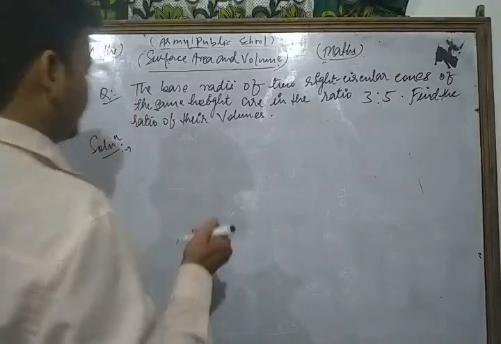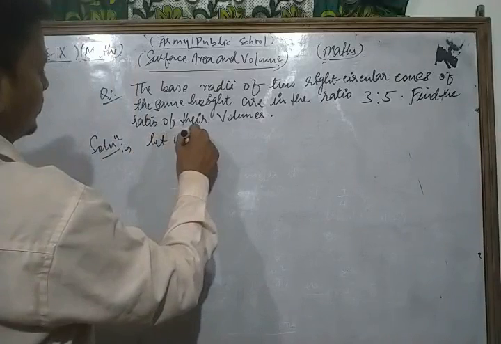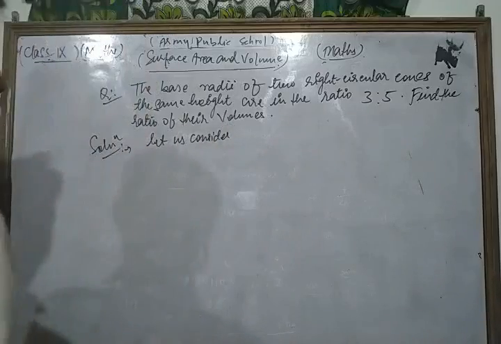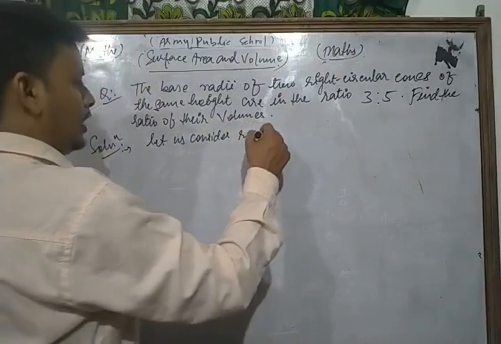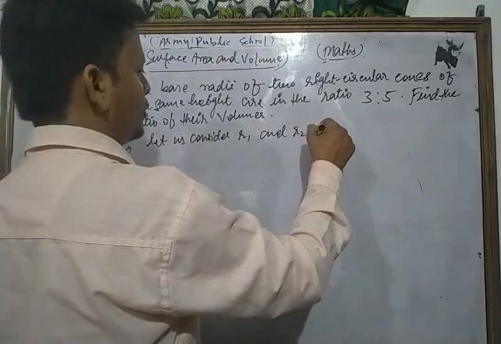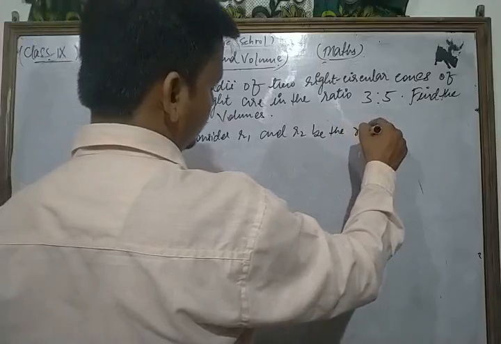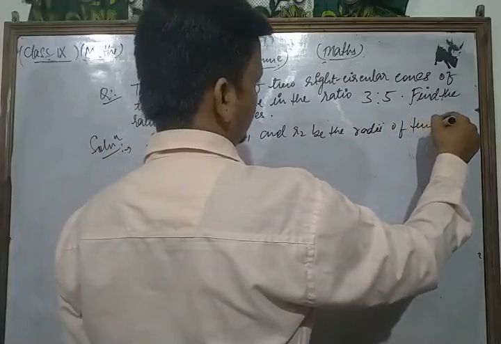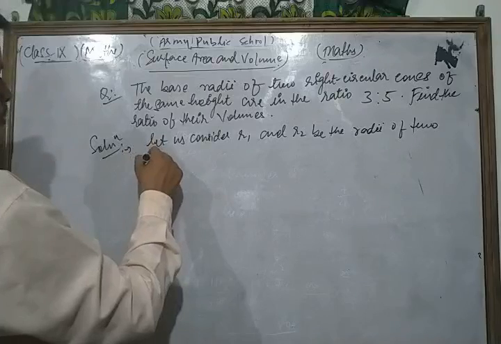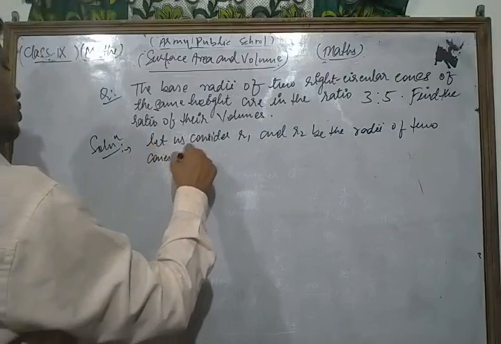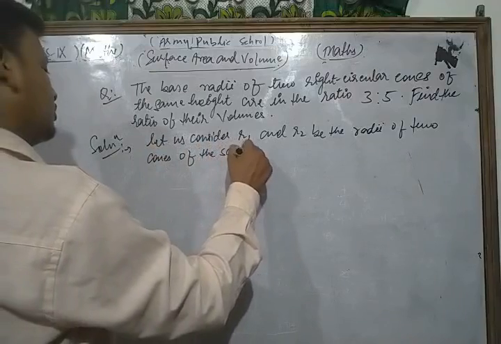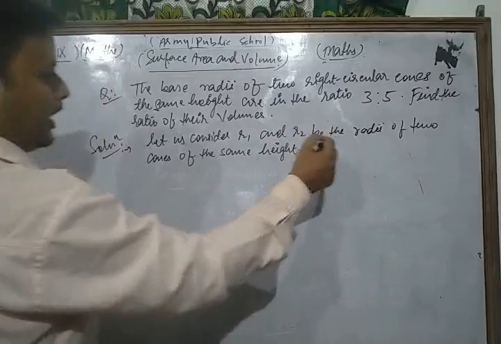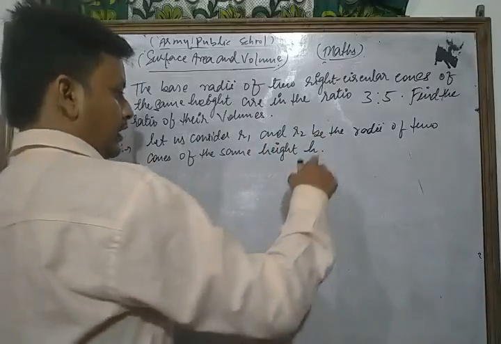So let us consider r1 and r2 be the radii of two cones of the same height h.